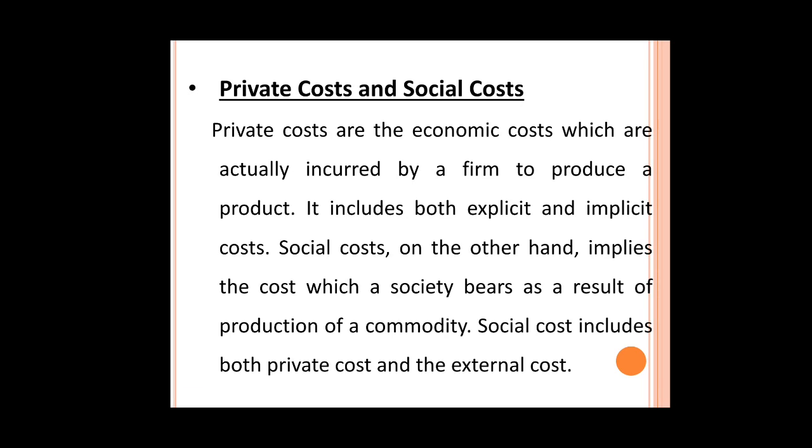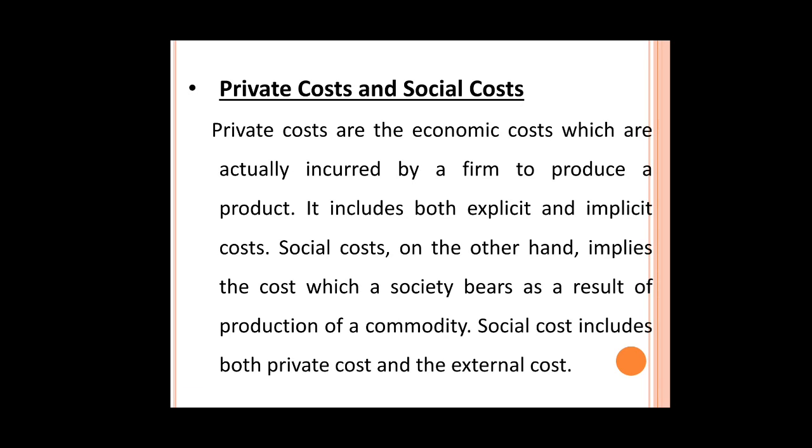Let us give an example here. A firm producing pesticides pays prices for the purchase of raw materials, for the purchase of labor and capital used by it. These are the private costs of the firm.